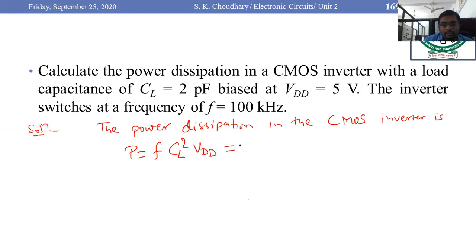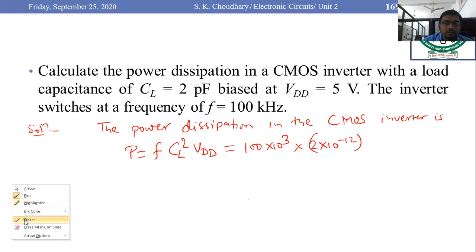So F here is 100 kilohertz, 100 into 10 to the power 3. CL is 2 picofarad. Okay, here not CL square, it is CL into VDD square. Just correct it: F into CL into VDD square.